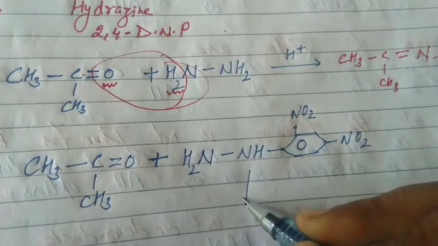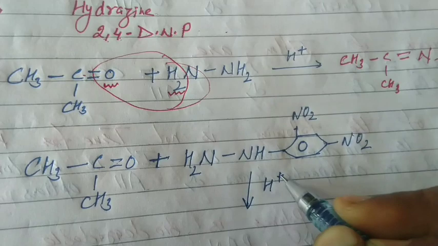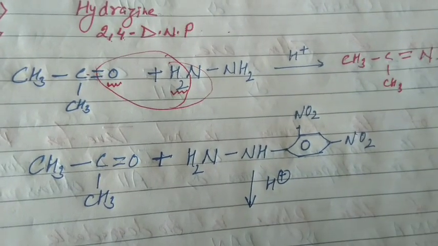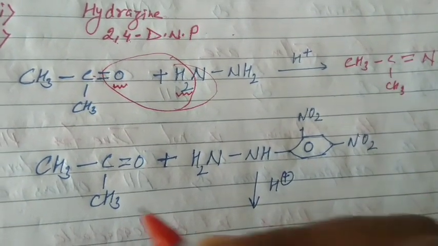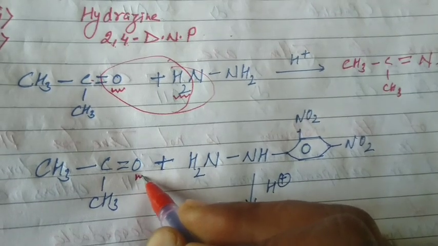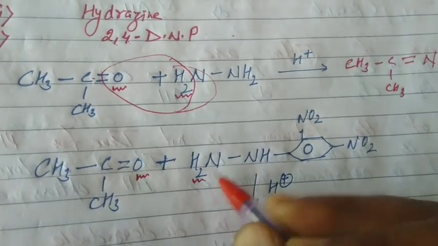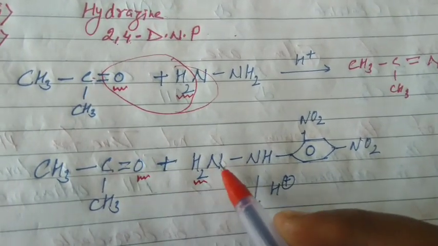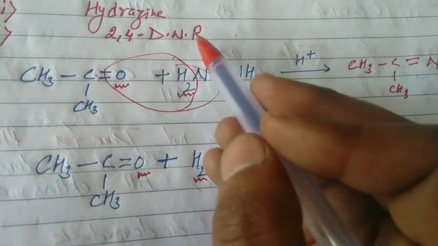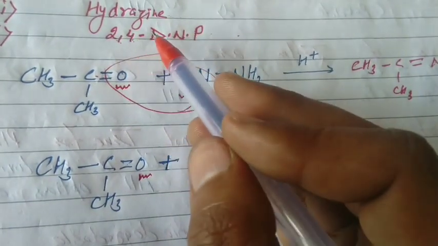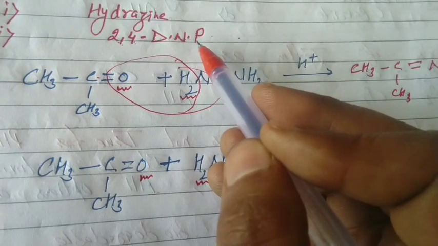Common reaction, students, weakly acidic medium. You can easily complete it. Clear? The carbonyl carbon will lose oxygen and the ammonia derivative will lose hydrogen. There is a double bond between carbonyl carbon and nitrogen. 2,4-DNP, you should know 2,4 are the positions occupied by dinitro groups and P stands for phenylhydrazine.